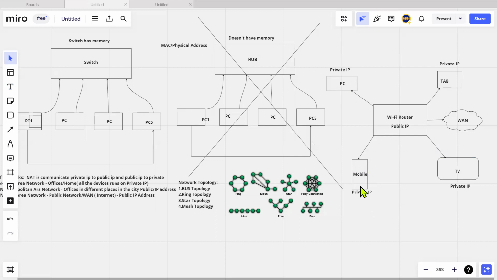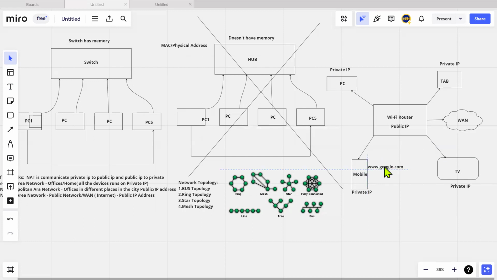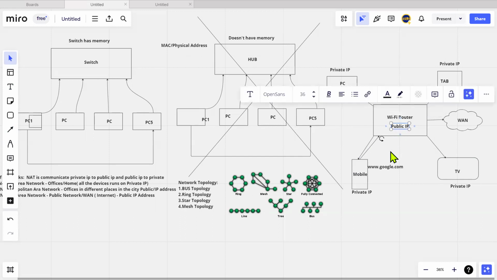But when you browse the internet on any device, it will go to the Wi-Fi router. For example, on mobile, I browse www.google.com. The request will go to the Wi-Fi router.